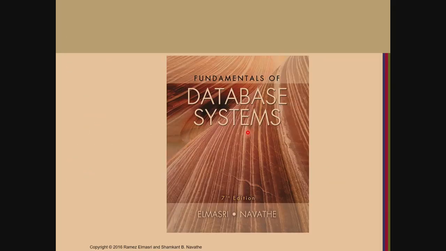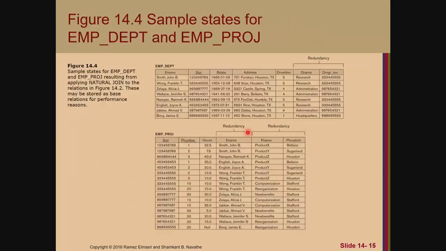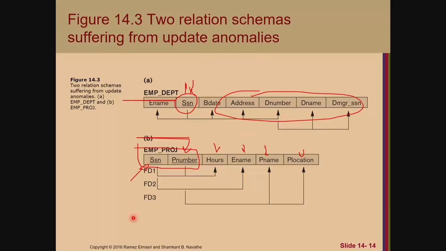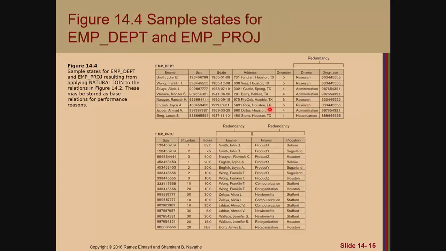After you separate the table, of course you reduce the redundant data. For example, here, as we can see, the D number in the table is redundant, a lot of them, right?